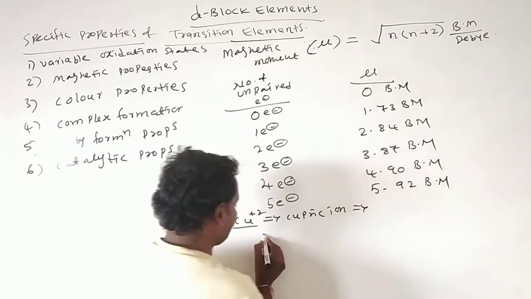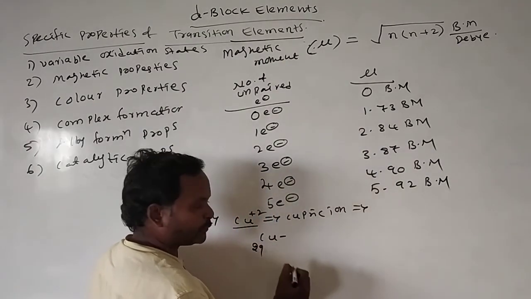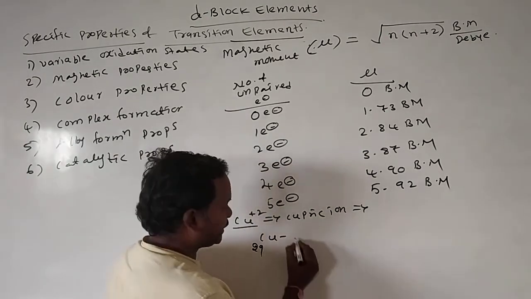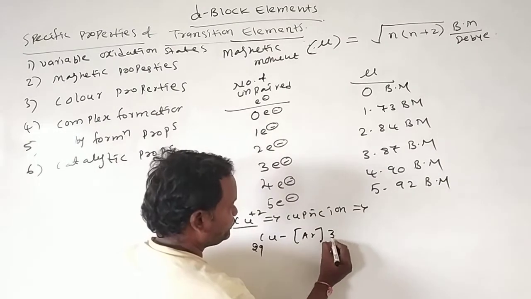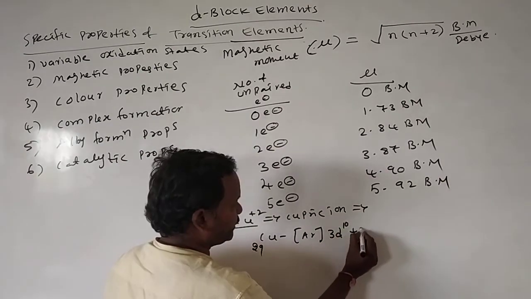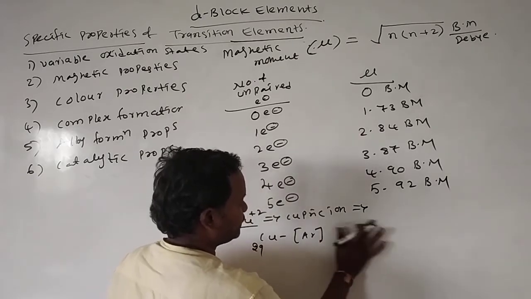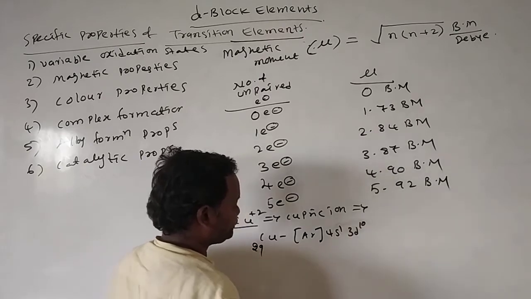First write copper, atomic number 29. Its complete electronic configuration is argon 3d10 4s1. In systematic format, 4s1 3d10.